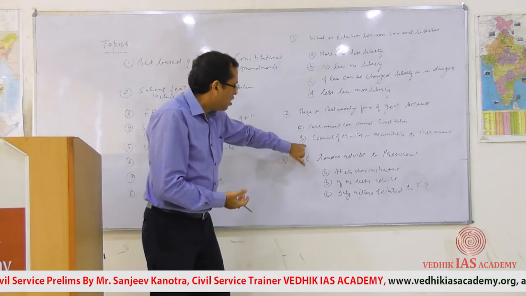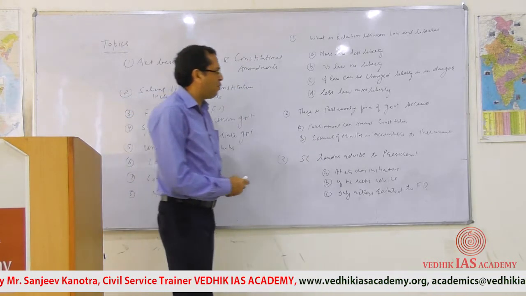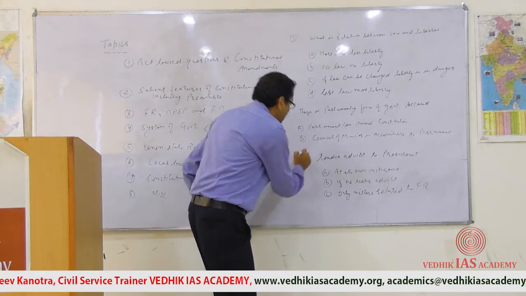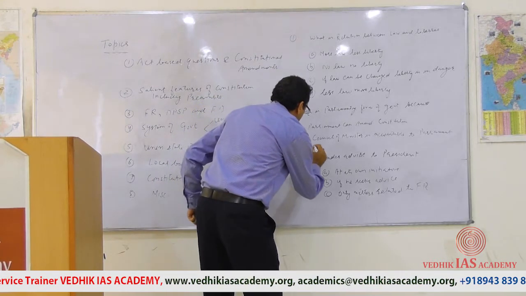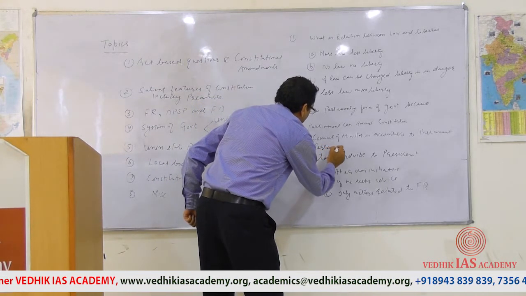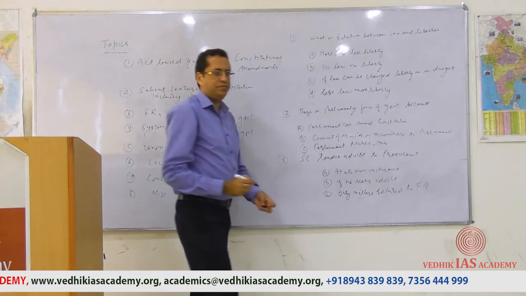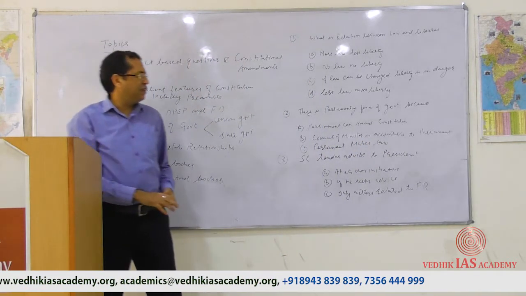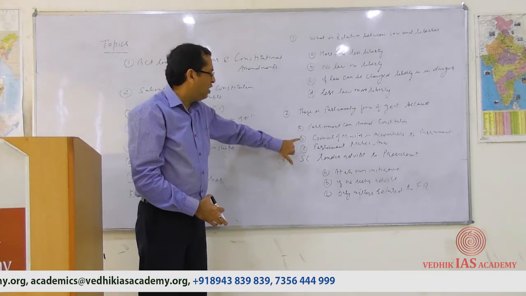Number two, the council of ministers is accountable to the parliament. And number three, parliament makes law. The choices will be there: 1 and 2, 1 and 3, 1 only, 2 only.